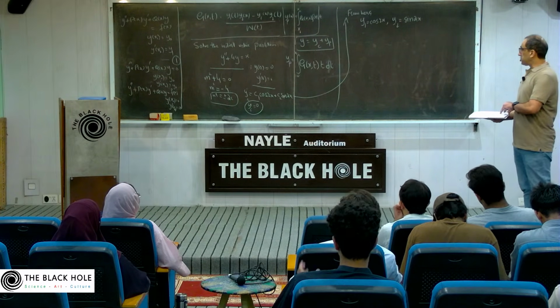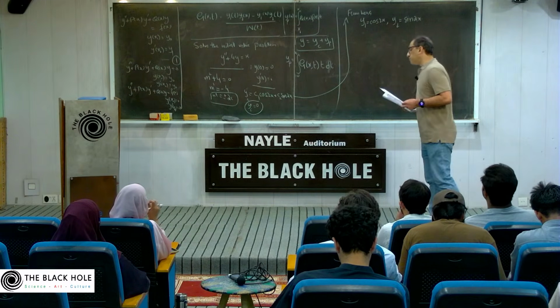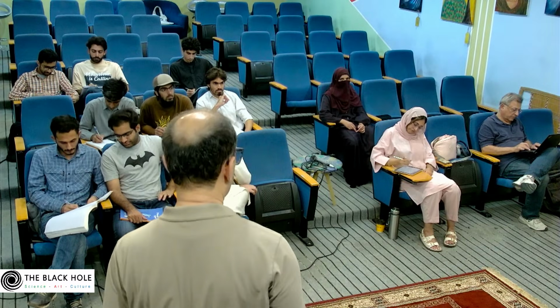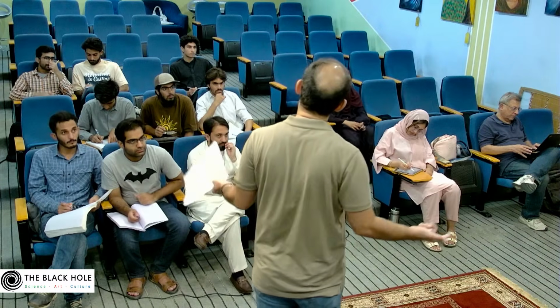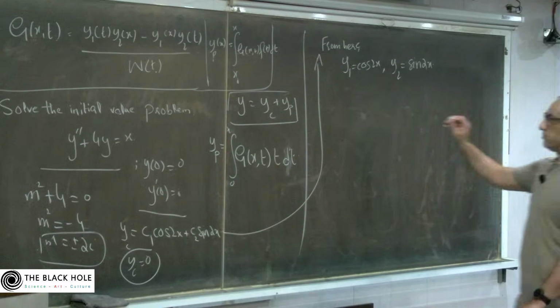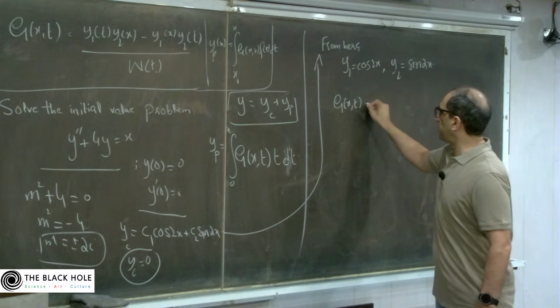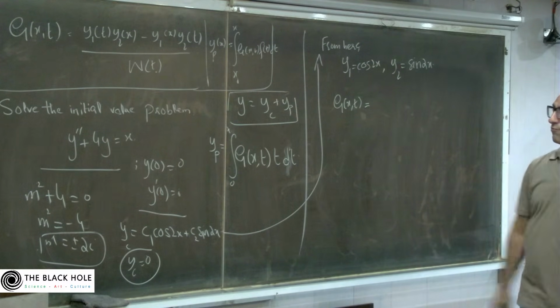So now construct the G and tell me what the answer is. G of xt, write it. Okay, good. So let's construct G of xt. It's already given, so you don't have to do anything.